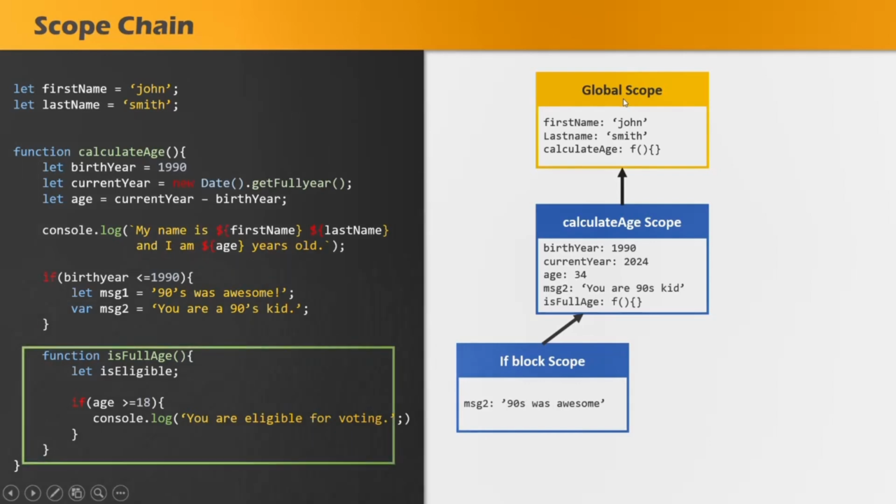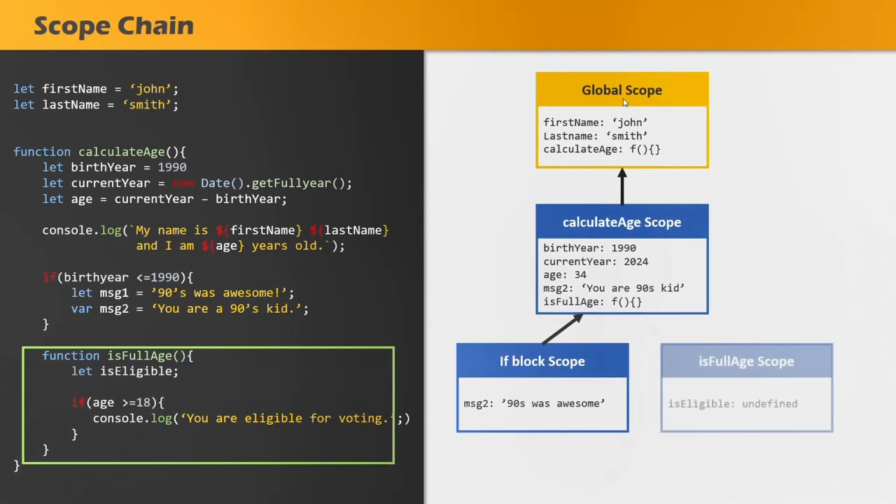Then this isFullAge function is also going to create its own scope, and in that scope we will have all the variables and functions declared inside that function. In this example, there is only one variable declared inside this isFullAge function, so that will be present in that scope.